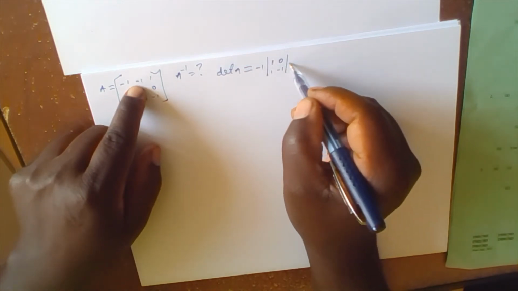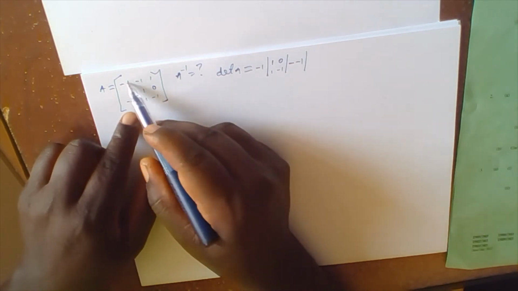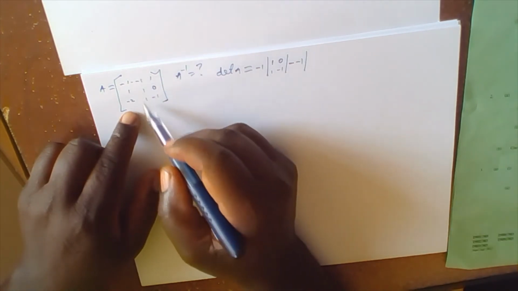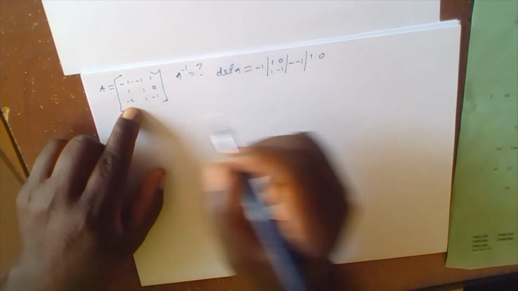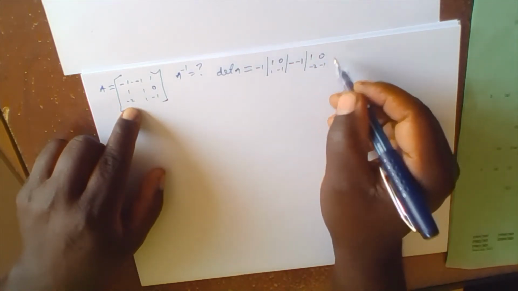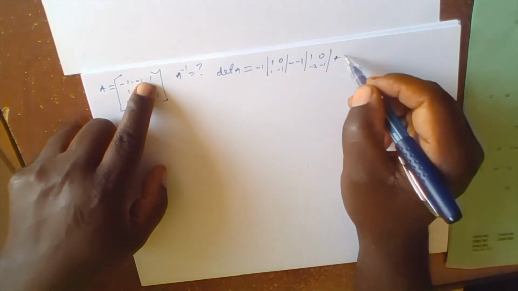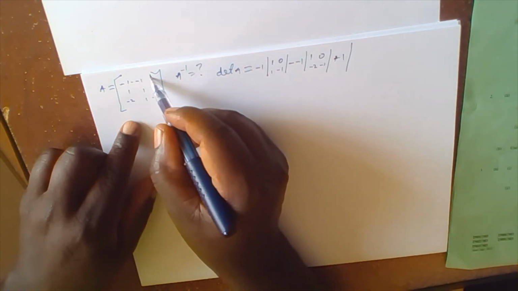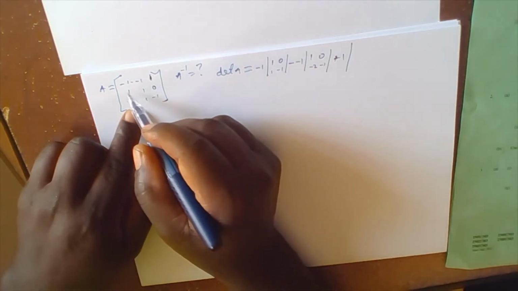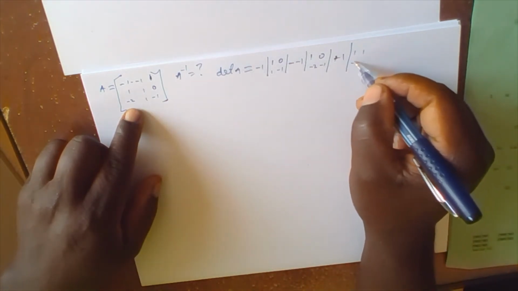Then minus 1, block this row and this column, so that we have 1, 0, negative 2, negative 1. Then plus this 1, then into the minus of this, we block this column and this row, so we have 1, 1, negative 2, 1, 1, 1, negative 2.